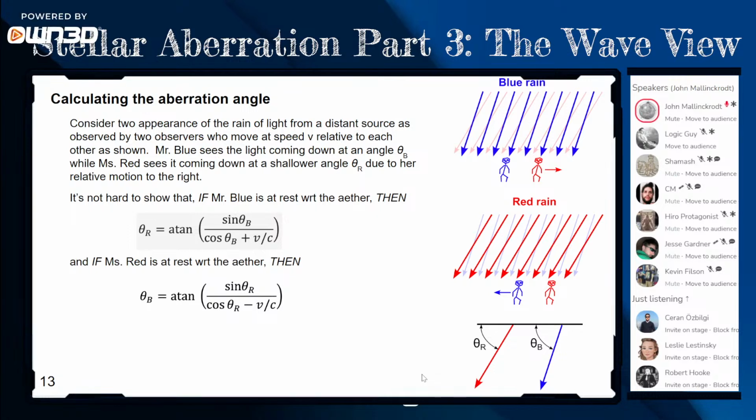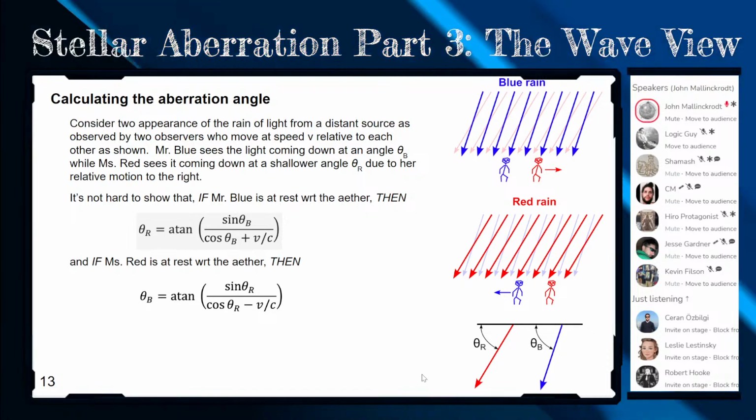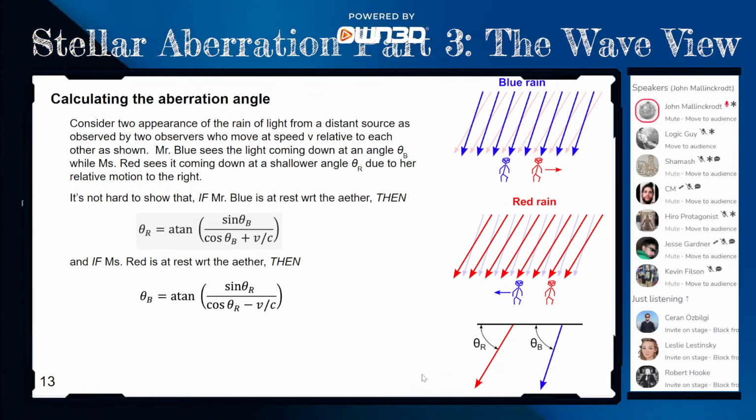So I'm just going to tell you, this is really not at all hard to derive if you know a little trigonometry and a little vector addition. It's not hard to show that if Mr. Blue is at rest with respect to the ether, if the blue frame is the ether frame, then the angle that the red guy sees is the arctangent of the sine of the angle that the blue guy sees, which is the real one, right?